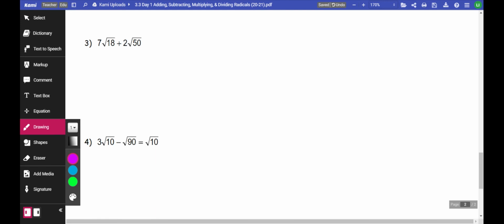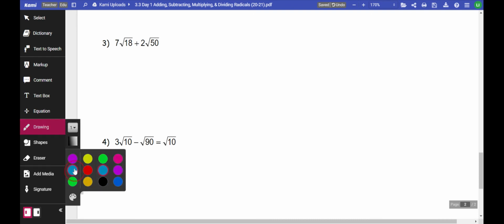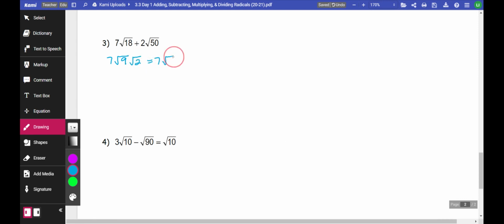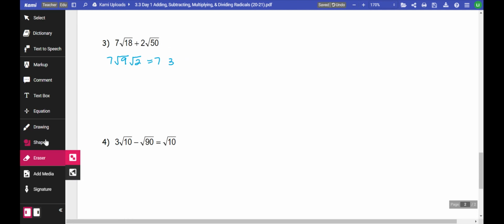Number 3, 7 root 18 plus 2 root 50. That is not fully simplified. I know it's not because I know that I can simplify 18 and 50. So what I'm going to do here is simplify both.